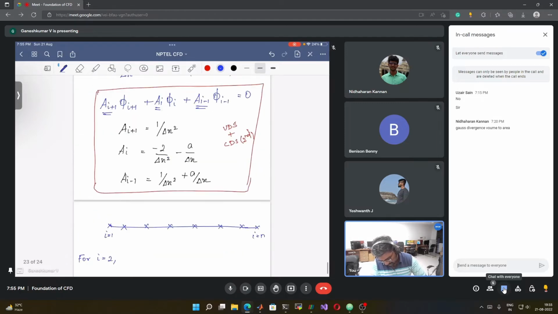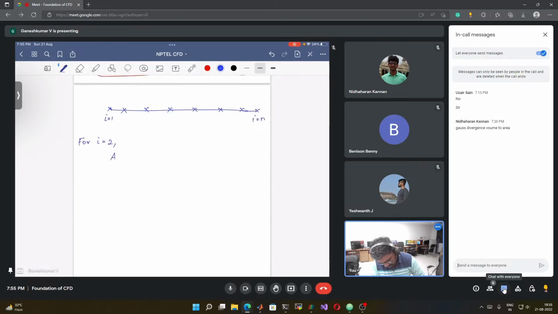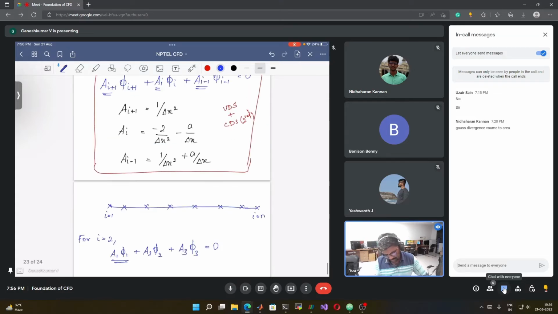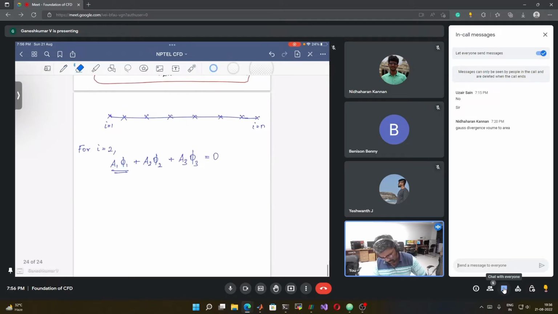What will happen? It will be a1 phi 1 plus a2 phi 2 plus a3 phi 3 is equal to 0. But we know that phi 1 is known. A1 is actually 1 by delta x square. Let's not write a1 because it might get confused.